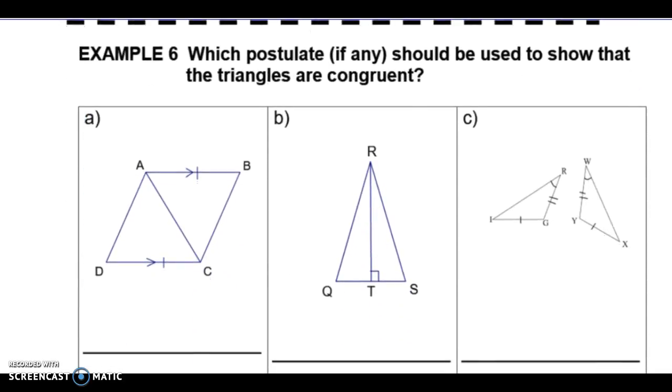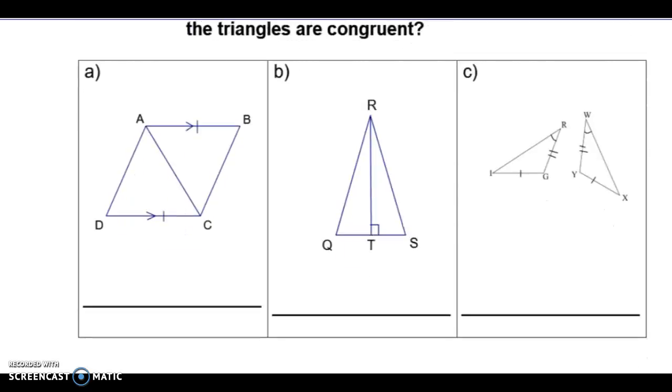Now, let's look at example 6. Which postulate, if any, should be used to show that the triangles are congruent? So let's look at example A. I know that these two sides are congruent because they're marked. I know this side is congruent to itself because it's shared, but I also know that these two lines are parallel, which makes this side a transversal.